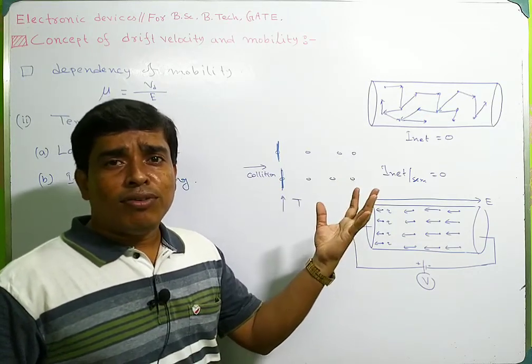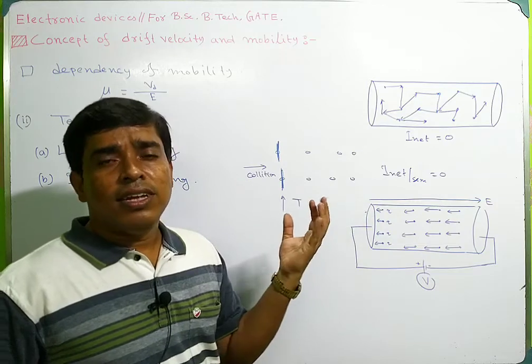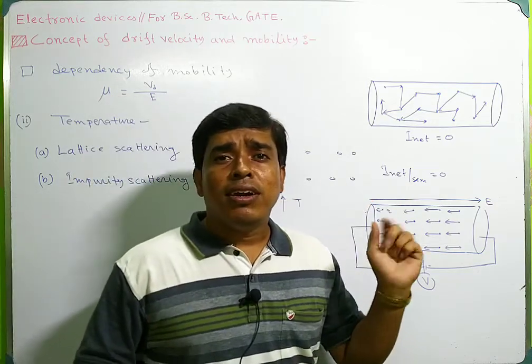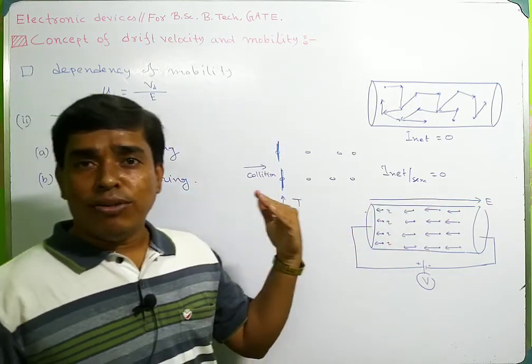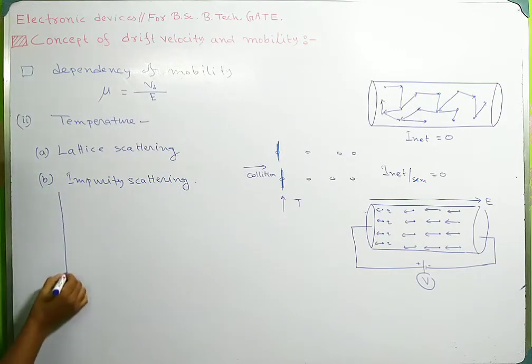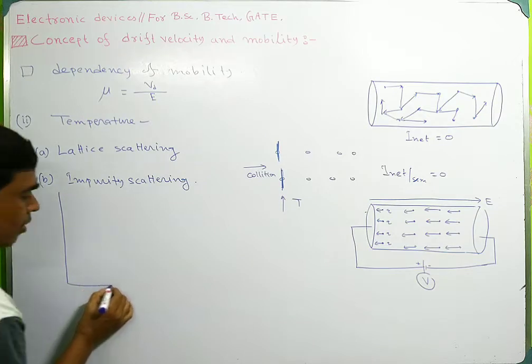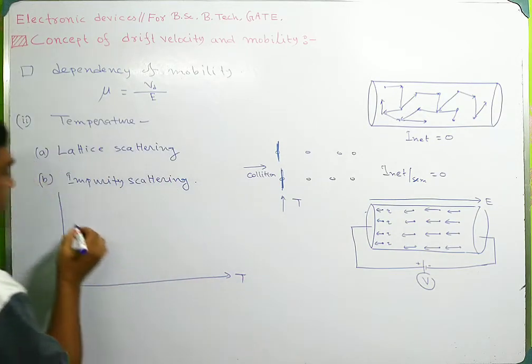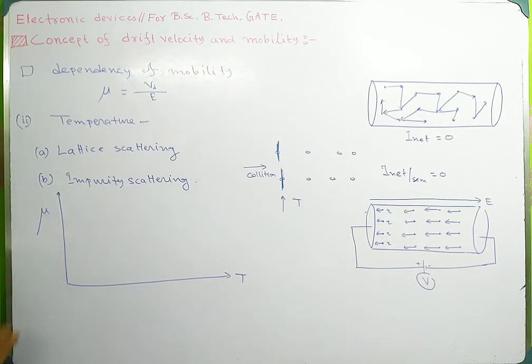If the velocity of the charge carrier is decreased, then the mobility of the charge carrier will also decrease. So if I draw this, this is temperature, this is mu.